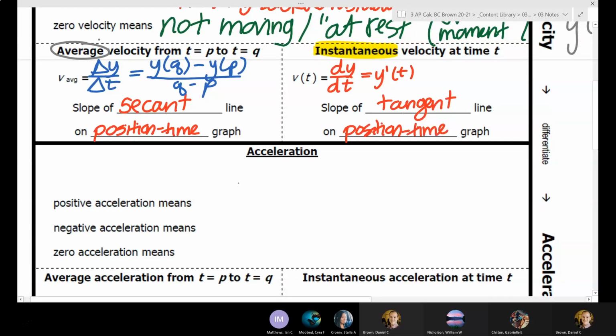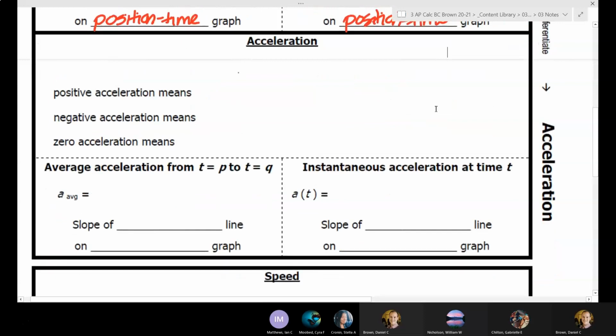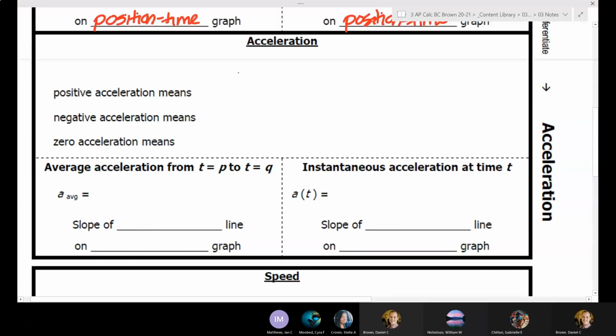So we have position, we have velocity, and then we also have the acceleration. Taking the derivative of velocity gives you acceleration. So the acceleration is associated with the second derivative, and a lot of what we talked about with the second derivative applies to acceleration.